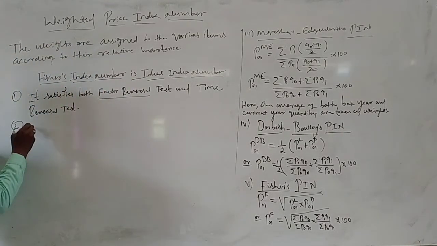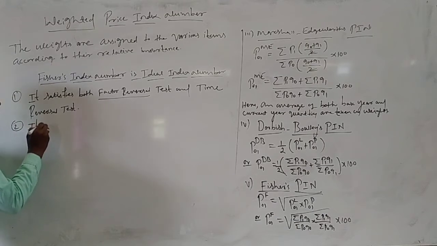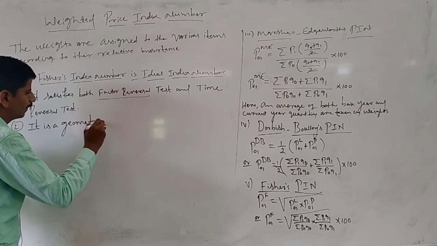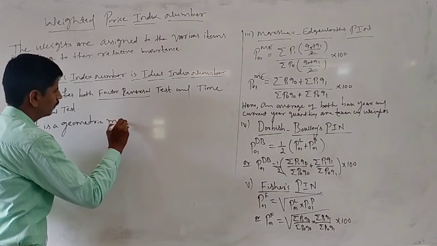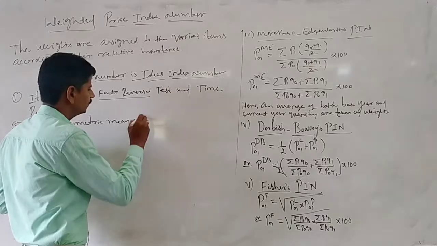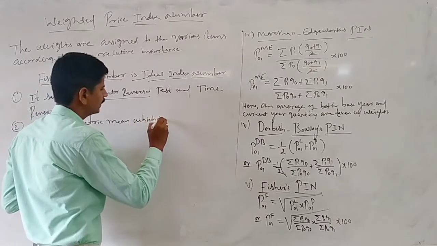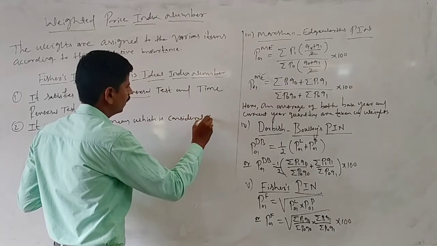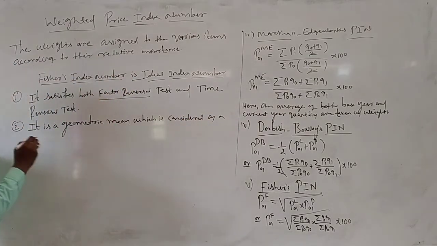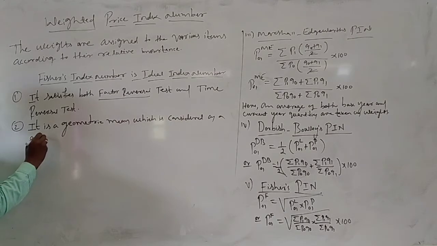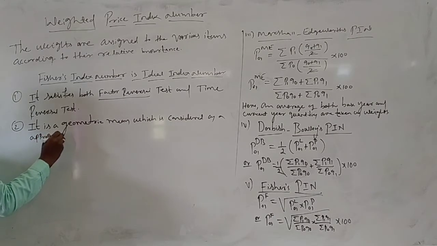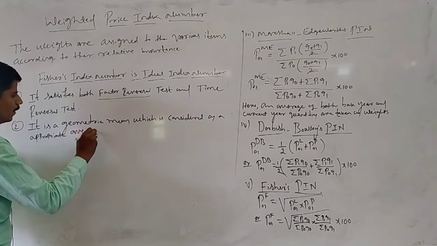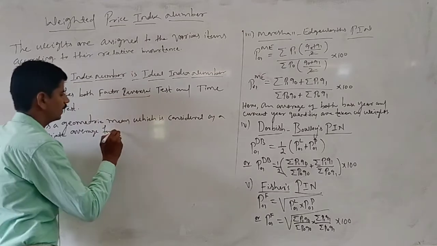The next, it is a geometric mean which is considered as an appropriate average for averaging ratios.